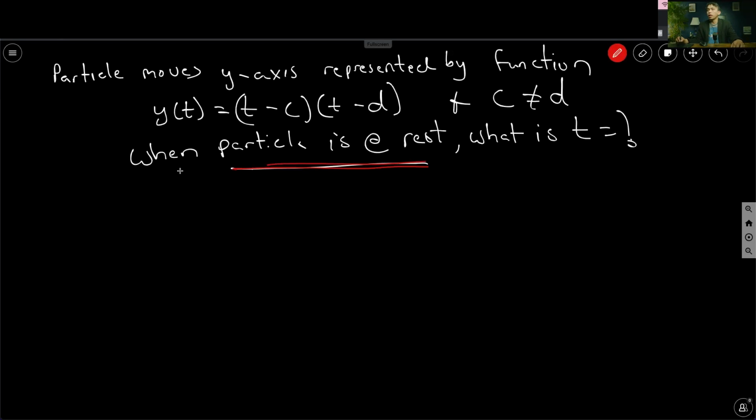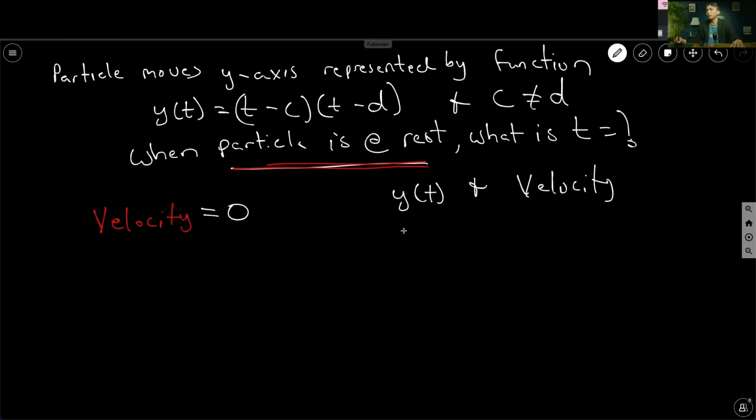So you should realize that when the particle is at rest, this means that velocity is equal to 0. Okay, and then realizing that, you have to remember the relationship between a position function, which in this case is y of t, and the velocity.